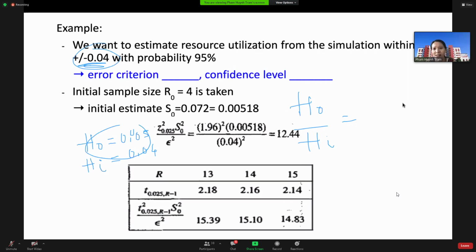So let's say I usually use the waiting time for the examples. Let's say for the real system, the customer usually has to wait an average time of 45 minutes.